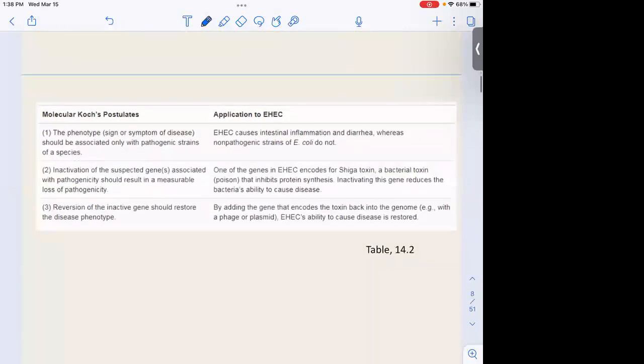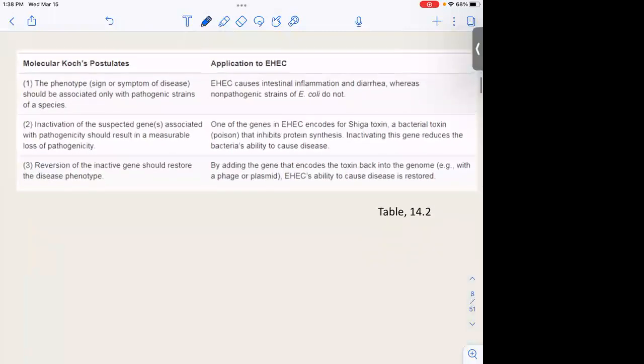Today, and I'll just touch on this briefly, they talk about something called molecular Koch's postulates in the textbook. Basically, today we kind of understand in most cases what the actual pathogen is. But now we're leaning more towards trying to understand what's the gene that's responsible for that pathogen causing the infection. So it might be the ability to make a certain protein.